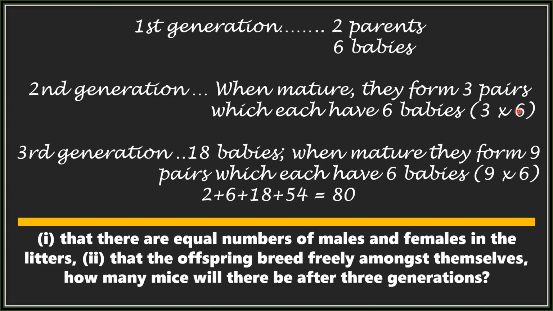That will give us something like 18. Then in the third generation, there are 18 babies. When mature, they form 9 pairs, which each may have 6 babies. That is 9 times 6. That makes it 54. So when you add the 2 plus the 6 plus the 18 plus the 54, we get 80.